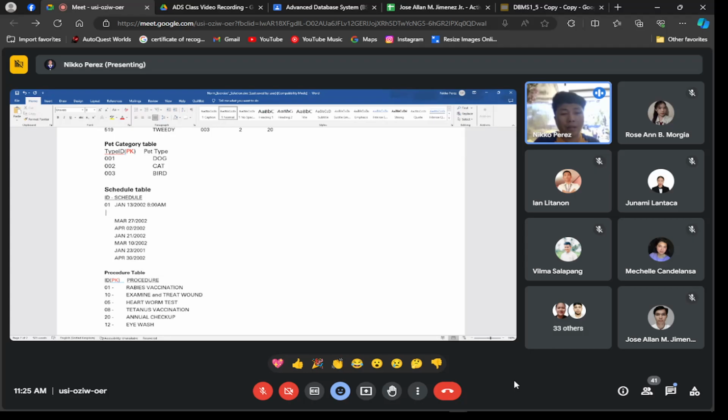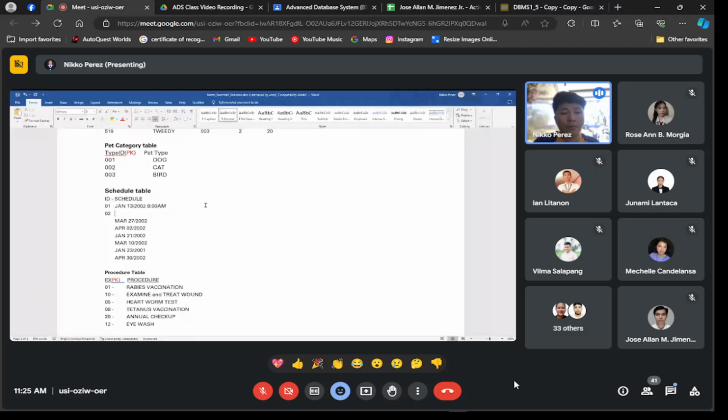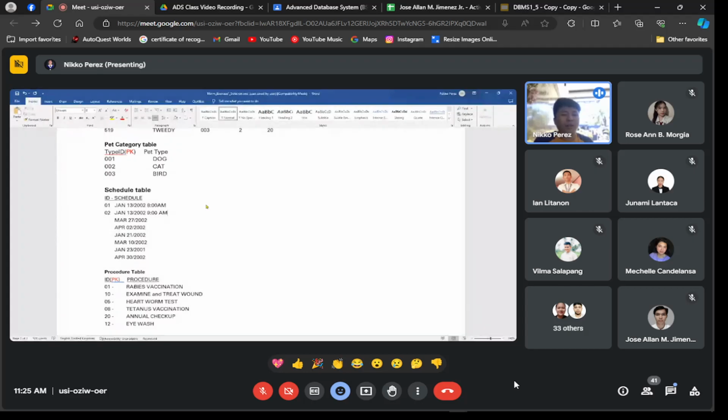What if other procedures were also availed on January 13, but at a different time? So you have to indicate it like that. It is not practical, it just gives you difficulty. So if you create an ID, you are trying to provide an ID number for all instances that might happen on that schedule. So it is challenging.